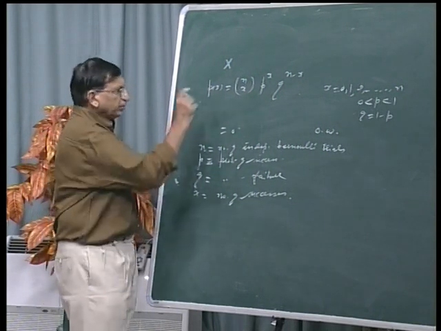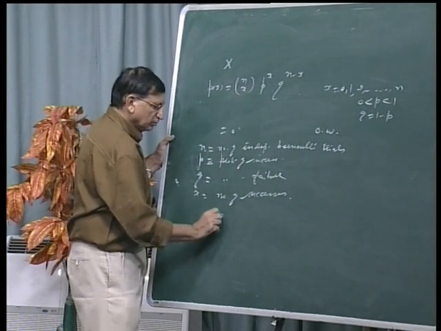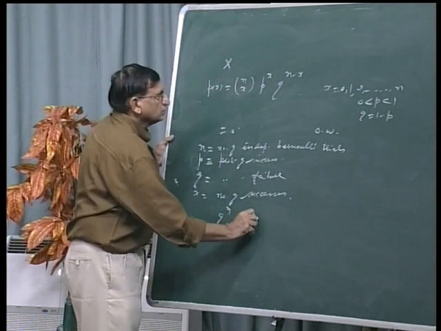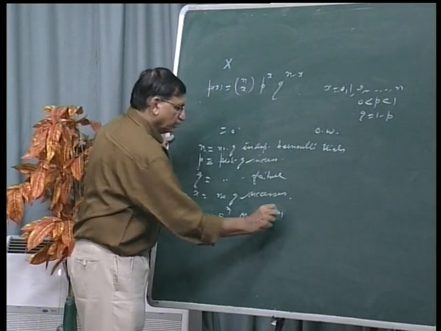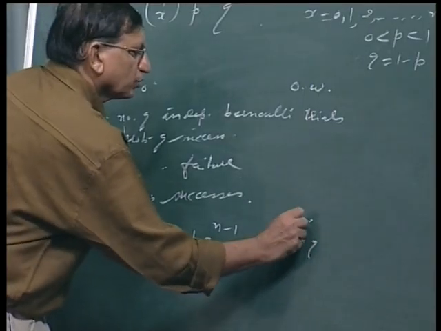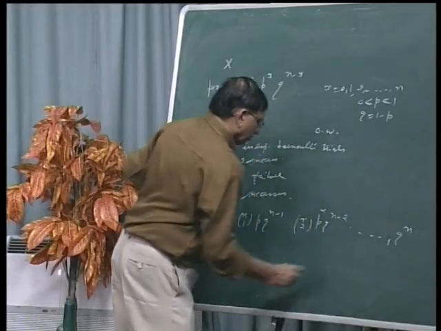Now when we take x equal to 0, it is nC0 which is 1, p raised to 0 which is 1, q raised to n. For x equal to 1, it is nC1 p q raised to n minus 1. For 2, nC2 p square q raised to n minus 2, and the last is nCn p raised to n, q raised to 0.